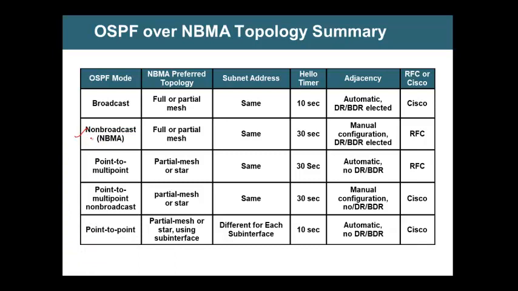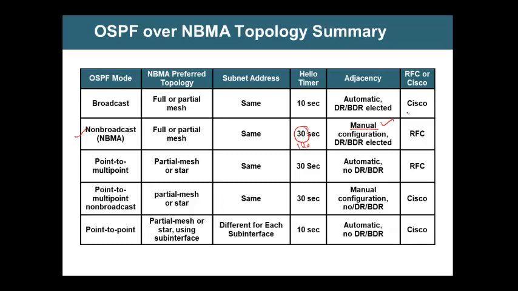In this mode, the hello packets are sent only every 30 seconds, not 10 seconds. And the dead time is 4 times the hello, which will be 120. In this mode, neighbors are not dynamically discovered. We need to configure them manually.